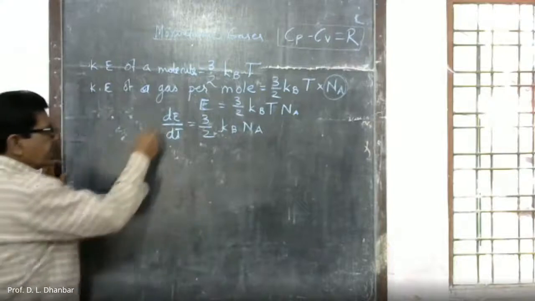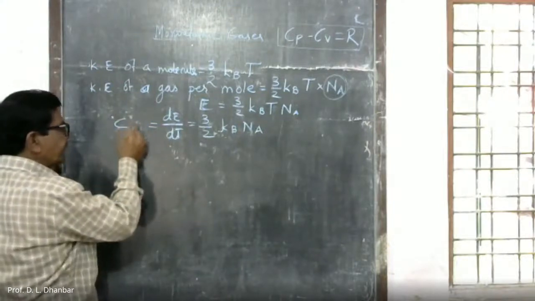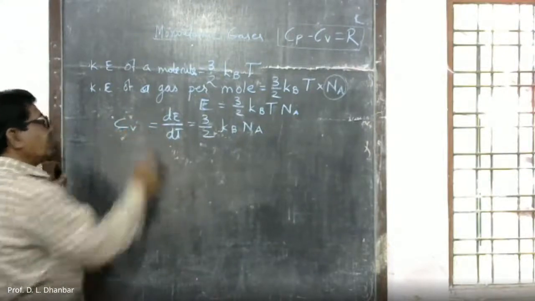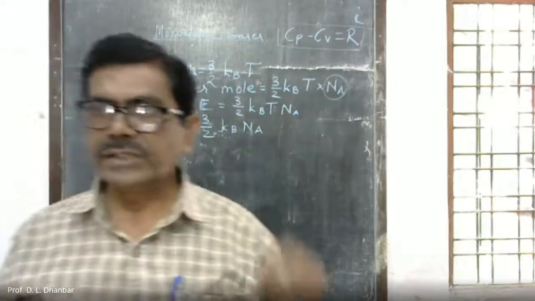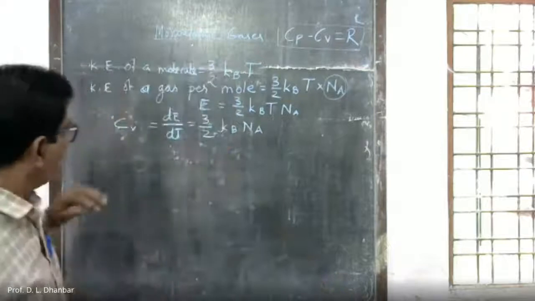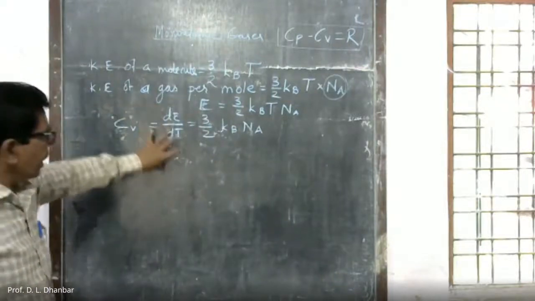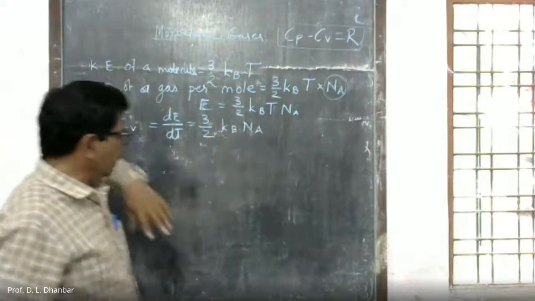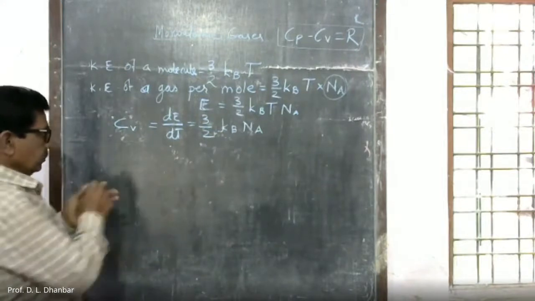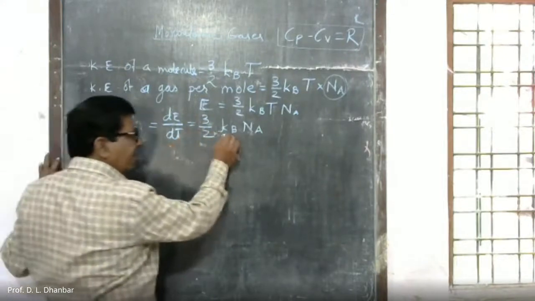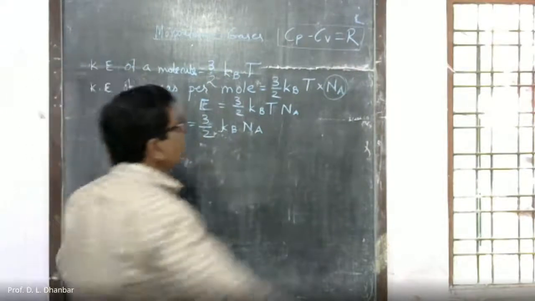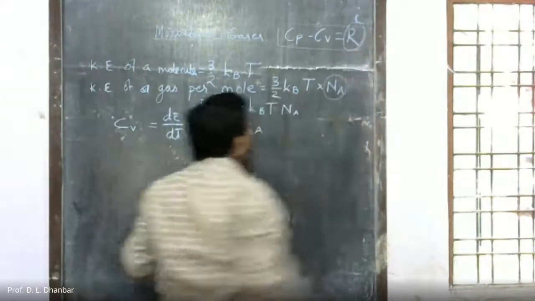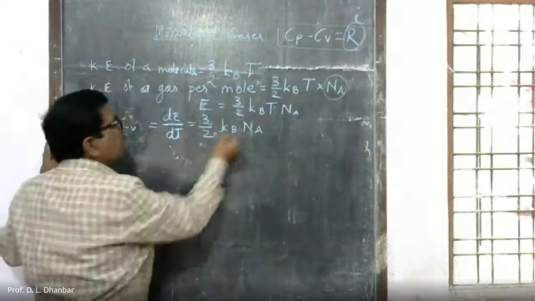This dE by dT is nothing but the specific heat of a gas at constant volume, which is denoted by Cv. Then Cv is equal to dE by dT, which is 3 by 2 kB into Na. But this kB into Na is nothing but the universal constant R, so we can replace this by R.